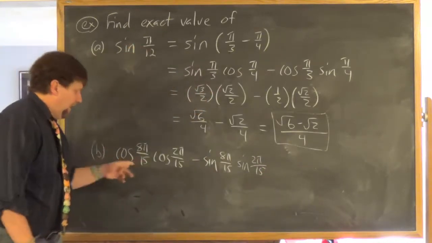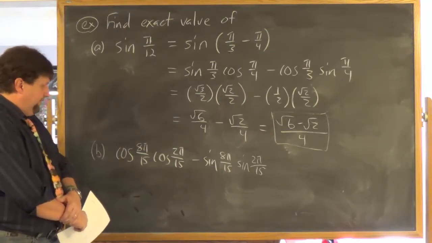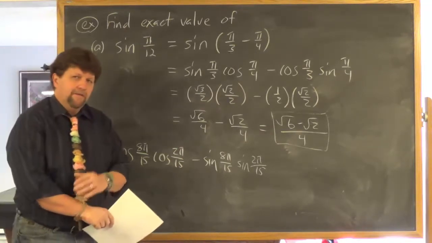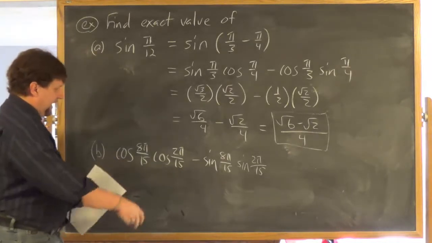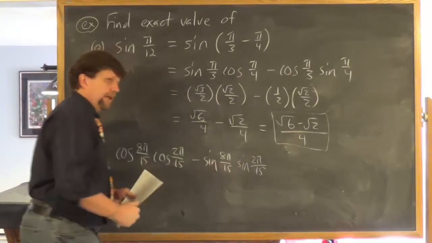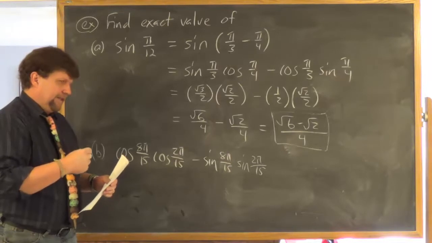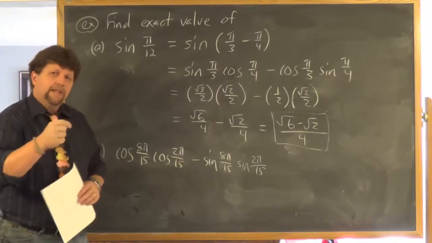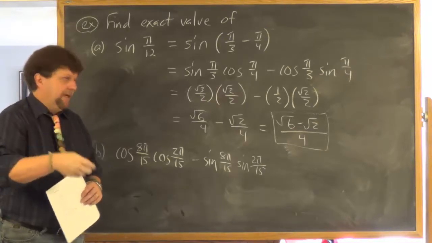You're asked to get the exact value of that mess. First look, it reminds me of a sum identity for cosine. This looks exactly like cosine A, cosine B minus sine A, sine B. That was the identity for the cosine of A plus B.